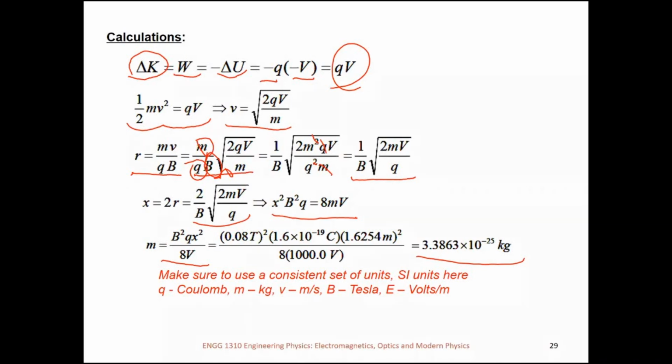What we recommend is to use the SI basic units. Something like charge, we only use the coulomb. The mass is kilogram. Velocity, just use meter per second. B field is Tesla. Electric field is volt per meter or Newton per coulomb.